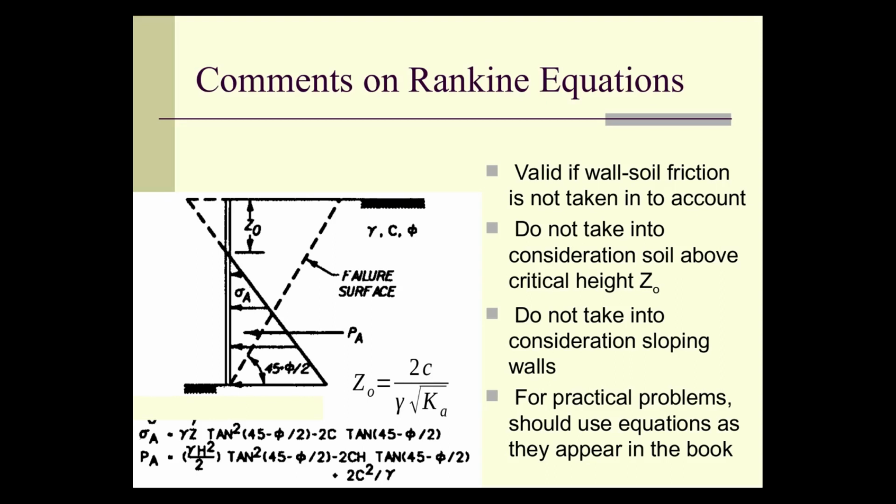Rankine equations are valid if you don't take wall-soil friction into account. Generally speaking, that is a conservative assumption. Most of the time we can actually get a less conservative result if we take that into account. And many times if we're not sure of it, we're better off not doing that. In fact, there are some types of walls where I would not recommend anything but Rankine being used.